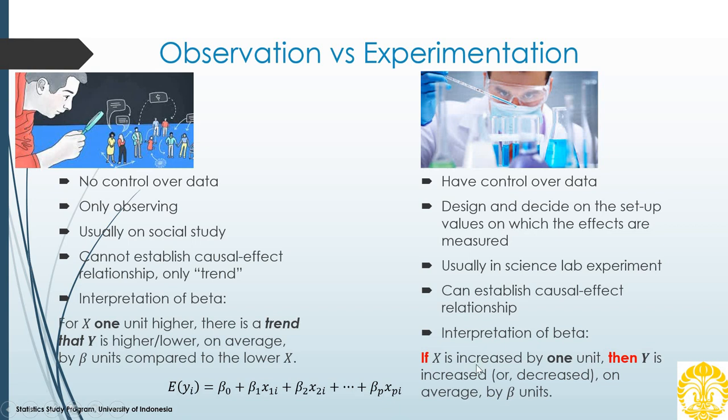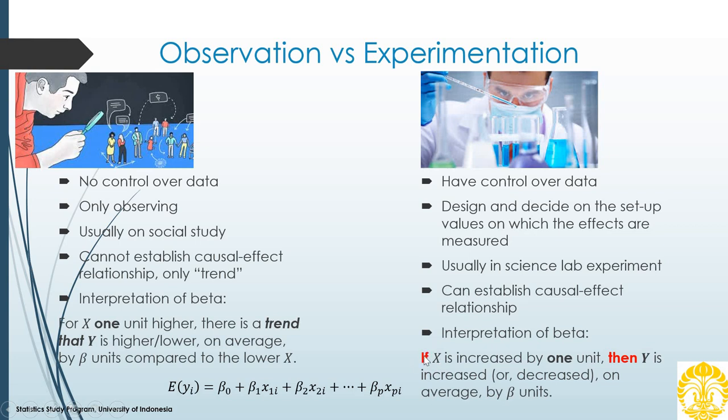While for an experimentation study, you can make quite a strong statement. For example, if x is increased by 1 unit, then y is increased or decreased, again depending on the sign of the beta, on average by beta units.